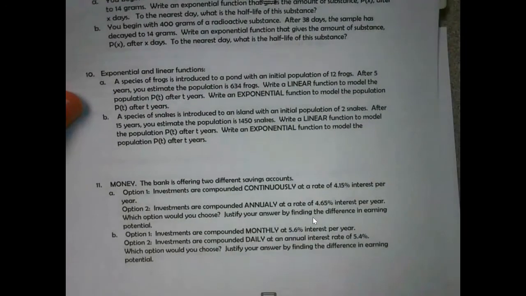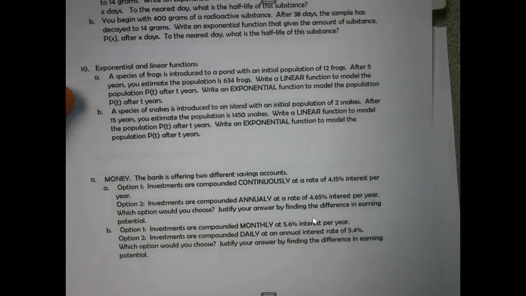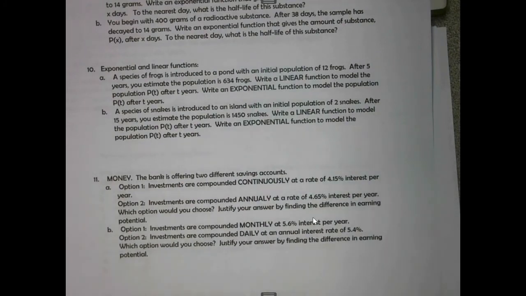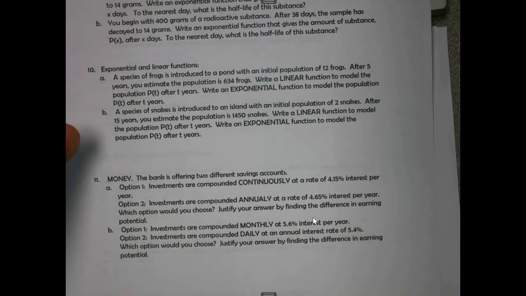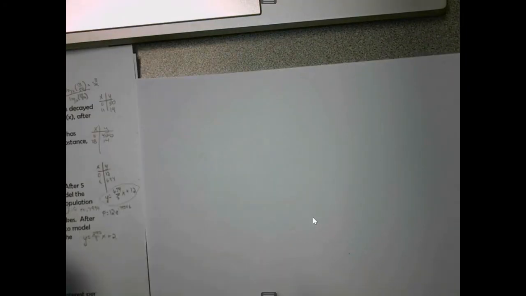Okay, number 10, exponential and linear functions. A species of frogs is introduced to a pond with initial population of 12. After 5 years, the estimated population is 634 frogs. Write a linear function to model the population after t years and write an exponential function. Okay, so we have some ordered pairs here.